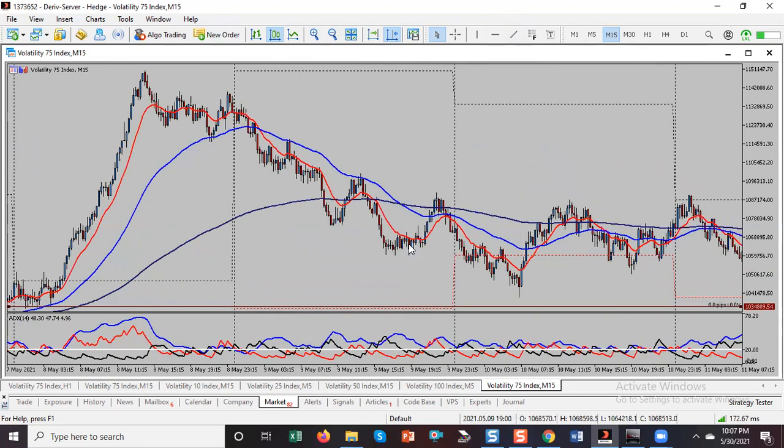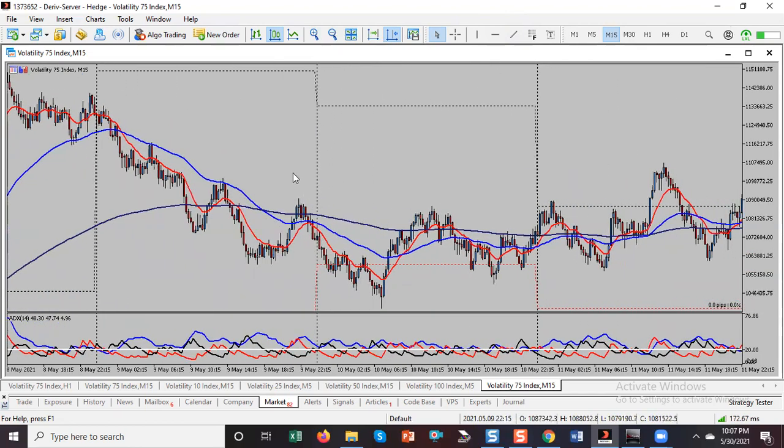Let's look for another example. This is another example. Here we see price pull back to the 200 exponential moving average. And at this point, we're going to be checking our ADX if it meets the criteria. So after this, we'll wait for the red crossing the black, and the blue must be above the 20 level. So once the cross has happened, we'll be taking an entry here. So your entry will be here.